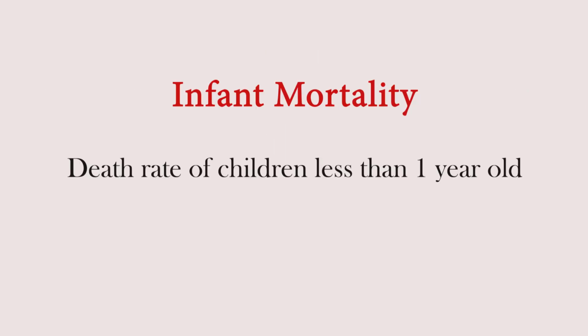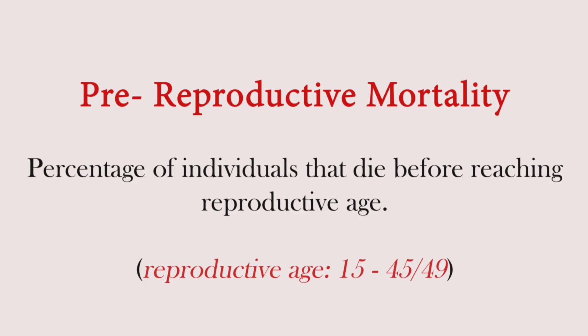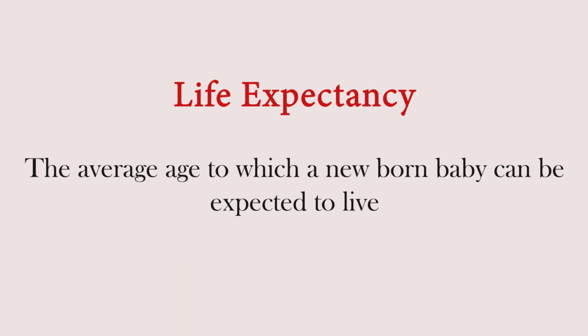Infant mortality rate is the death rate of children less than 1 year old. Pre-reproductive mortality is the percentage of individuals that die before reaching reproductive age, and the reproductive age is 15 to 45 or 49. Life expectancy is the average age to which a newborn baby can be expected to live.